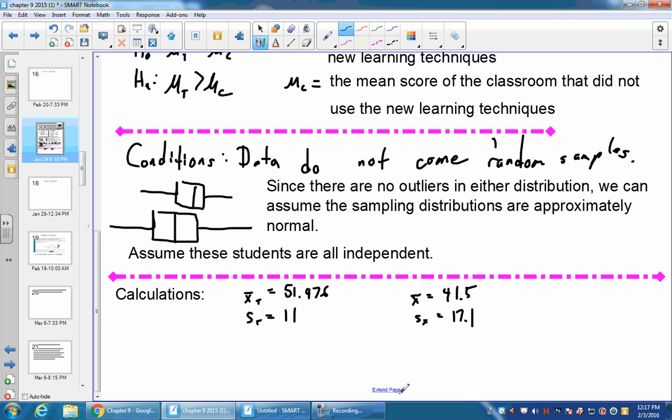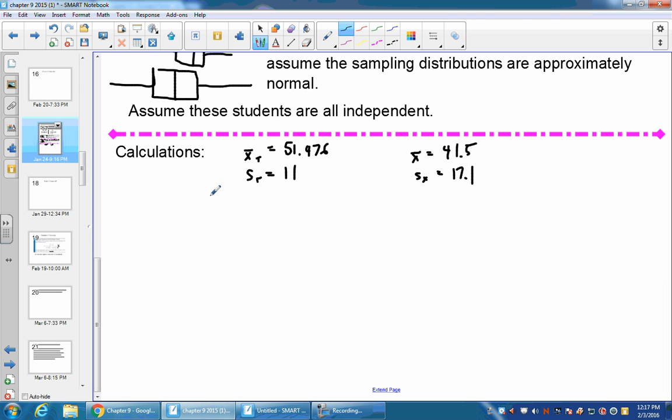All right, now we have to say our test. We are using a two-sample t-test. And now let's look at our t-value.